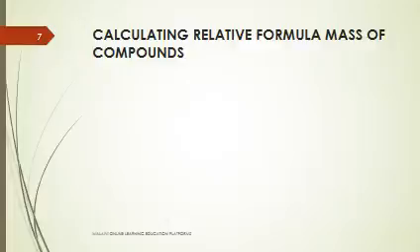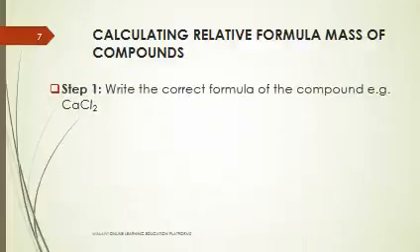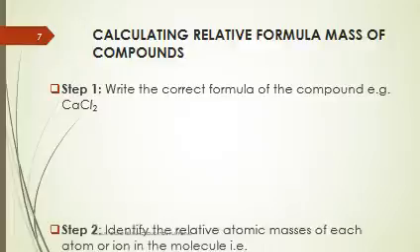Now let us see how to calculate the relative formula mass of a compound. Step number 1, you need to write the correct formula of the compound. For example, here we have calcium chloride, and that one is the correct chemical formula.